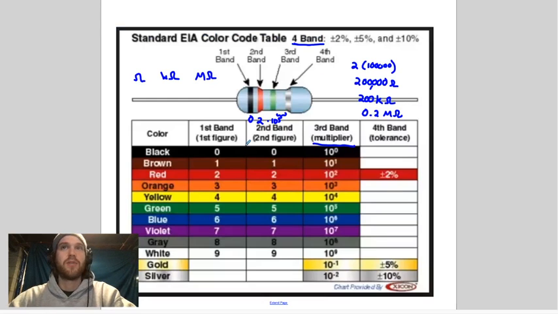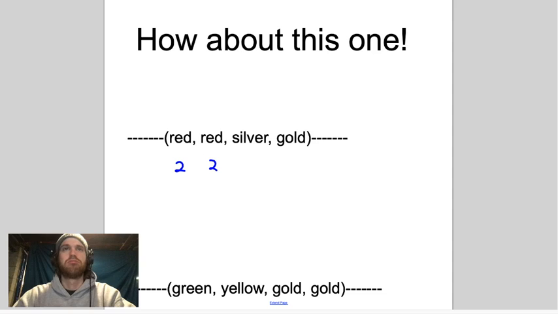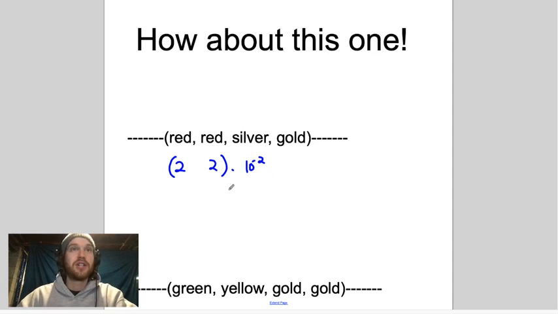So the third stripe is the multiplier, and it says silver is 10 to the minus 2. So this is 22 times 10 to the minus 2, ignoring the gold. Well, 10 to the minus 2, we went over that at the beginning of the lesson. That's 1 over 10 to the second, which is 22 times 0.01 or 1/100th.